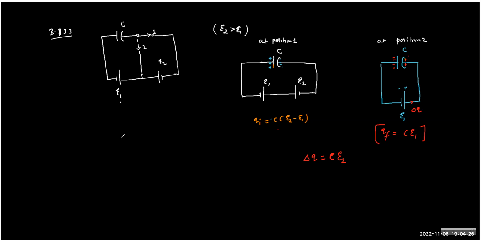And what about the UC initial? And what about the UC final? The energy stored in the system finally is how much? Half CE1 squared. And in the very beginning, how much was it? Half C(E2 minus E1) squared.